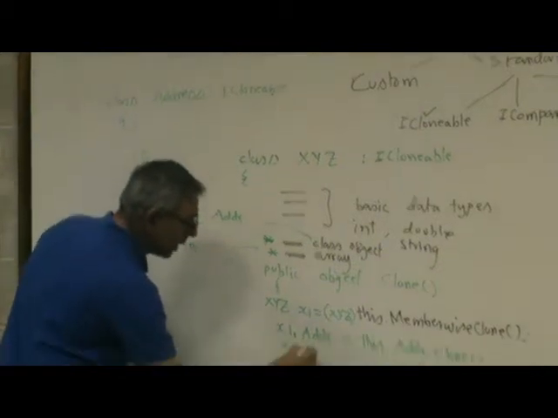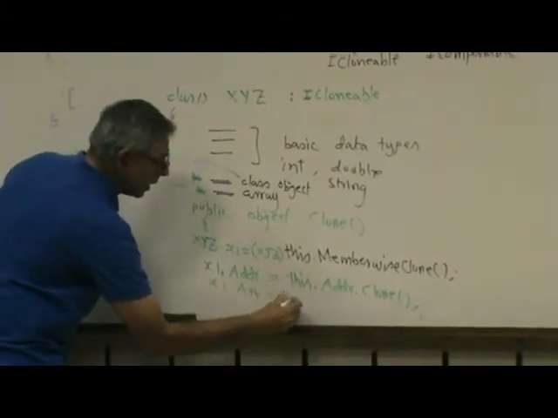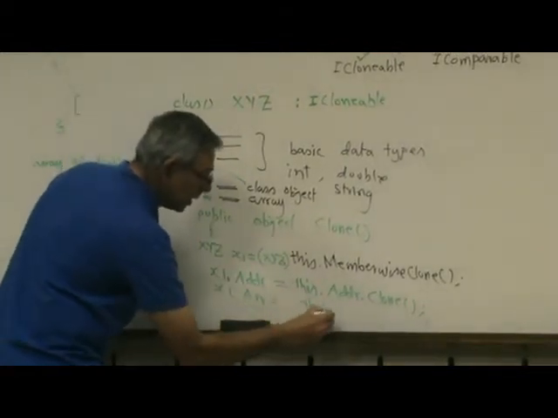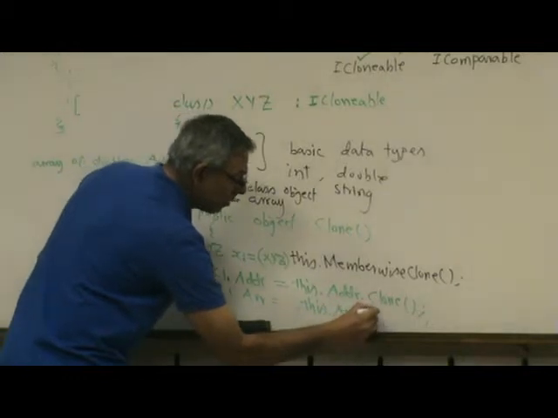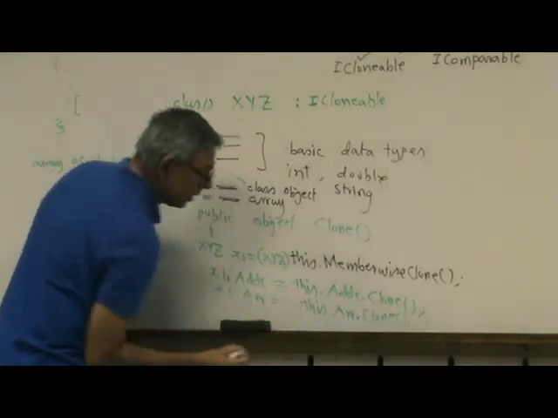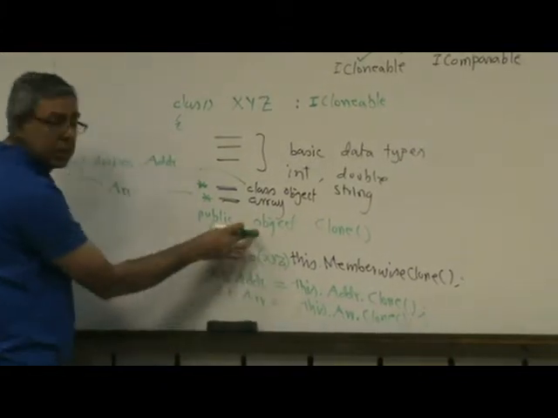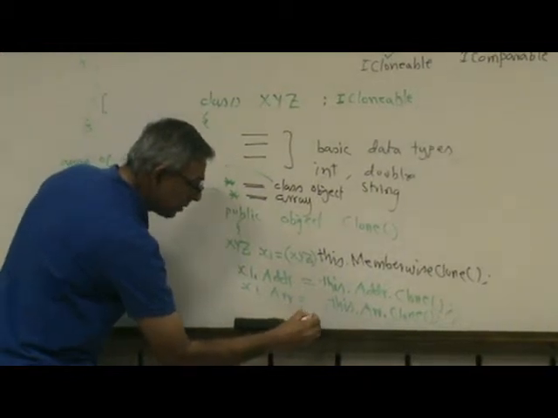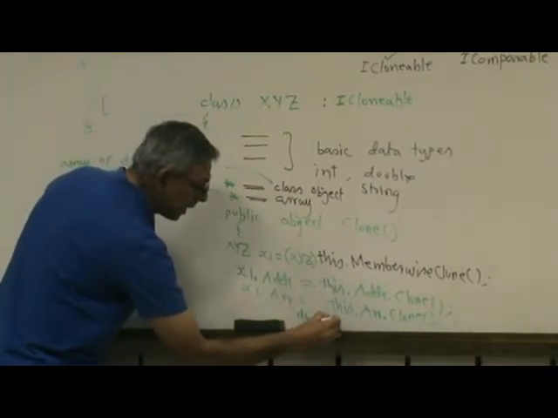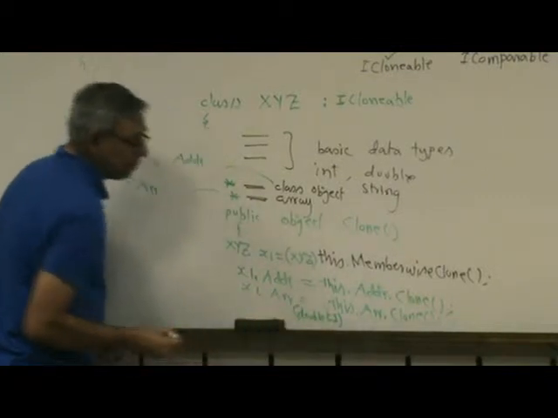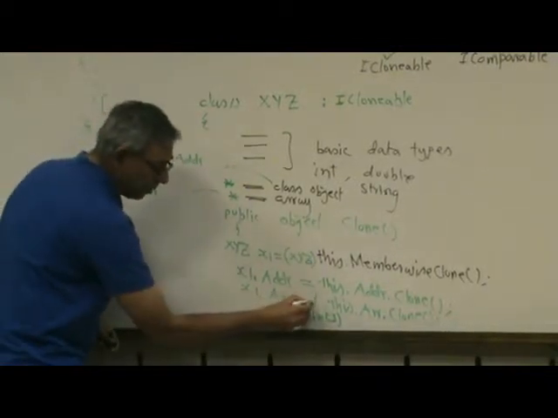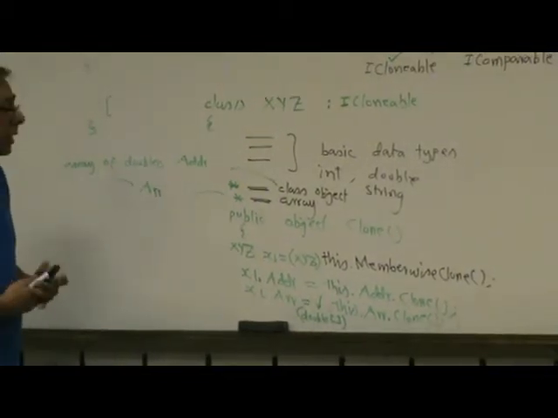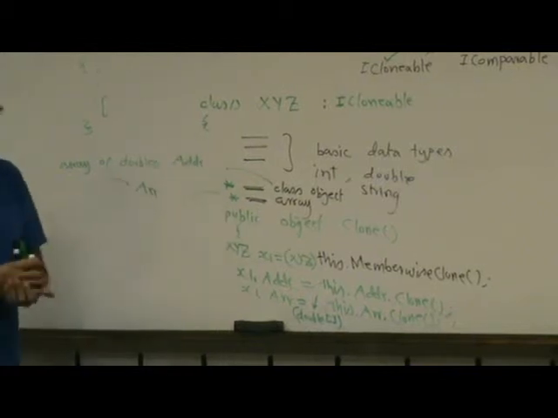You will say x1.arr equal to this.arr.Clone, right? But then clone always returns an object. So what should we do over here? We will typecast it to double[], in parentheses, and then this thing will go over here, right? So this way we can implement the cloning properly, okay?